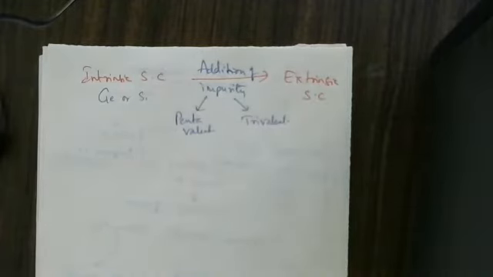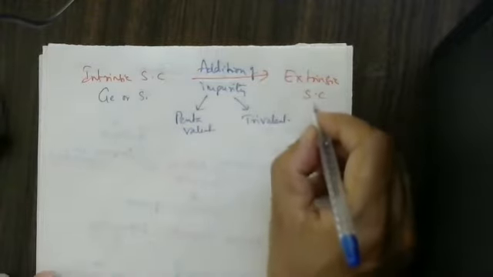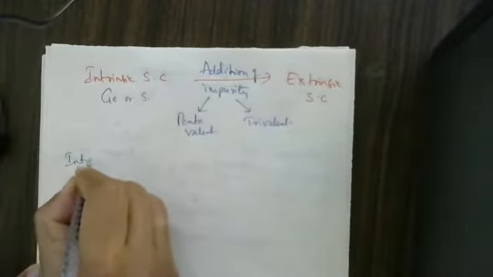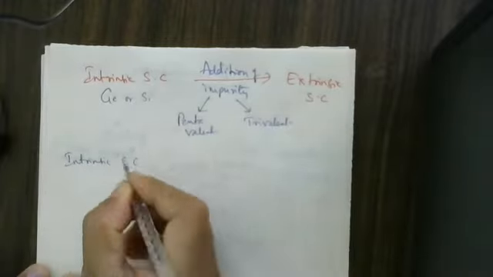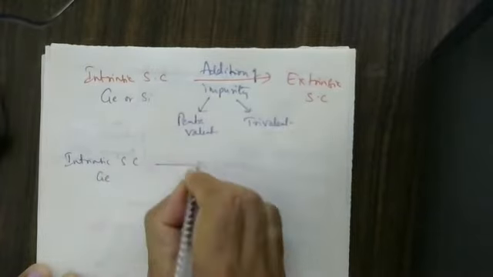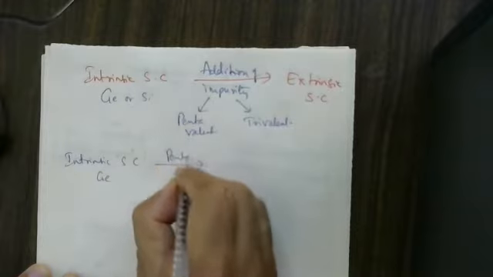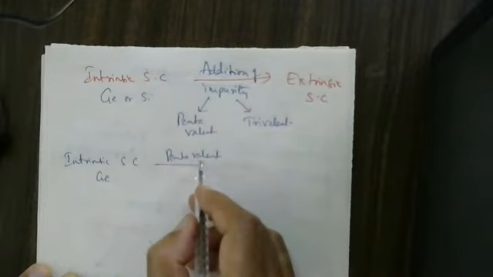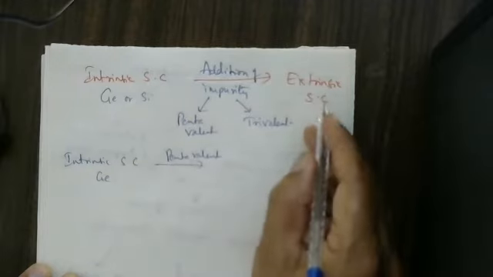Now we are supposed to think about that extrinsic semiconductor. Here, there are two varieties of it. Intrinsic semiconductor means germanium or silicon. As you are adding a pentavalent impurity, you are getting an extrinsic semiconductor.